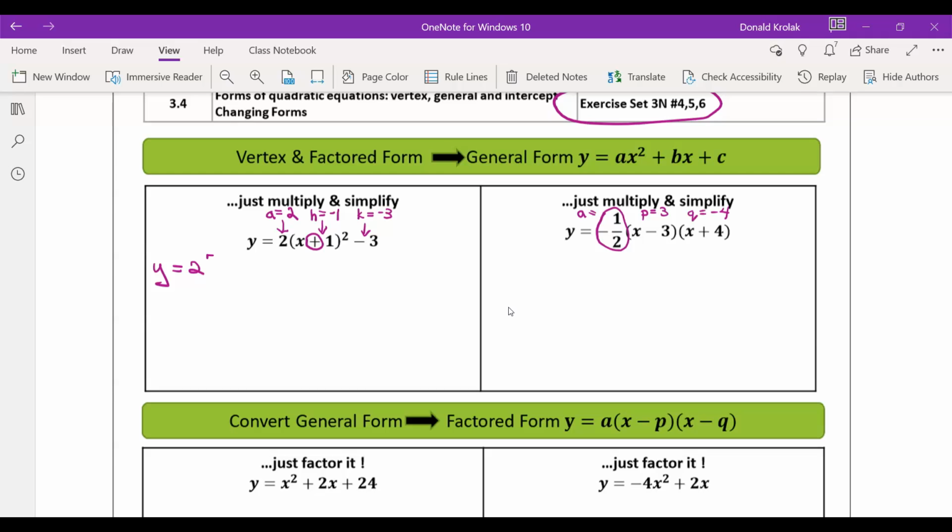So I'm going to rewrite this part as x plus 1 times x plus 1 minus 3. And now you multiply out those x plus 1s. So that's an Algebra 1 skill.